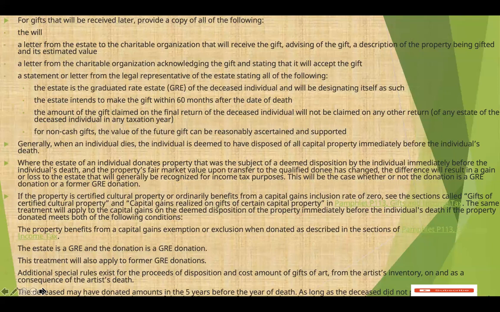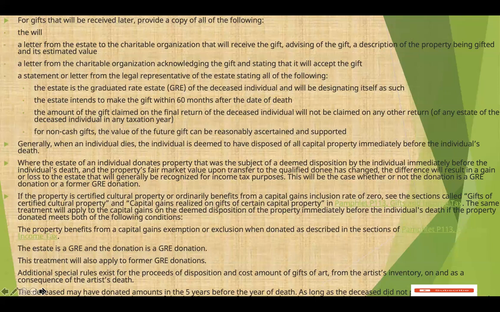If the property is certified cultural property, or otherwise benefits from a capital gain inclusion rate of zero, see the section called gift of certified cultural property.